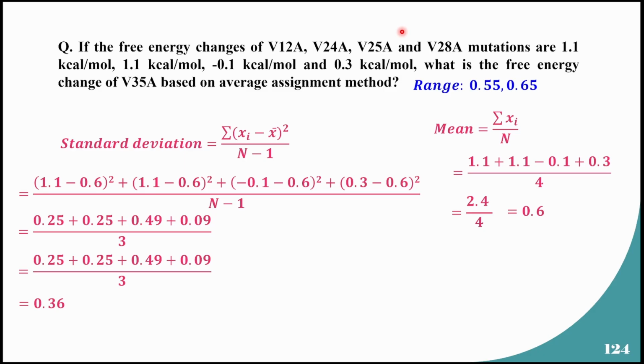But average assignment is of course not that great in exactly determining this, because the free energy changes can be favorable or disfavorable based on where the position of these amino acids is. For example, a valine to alanine mutation can be favorable somewhere where there is, let's say, a more tightly packed structure.